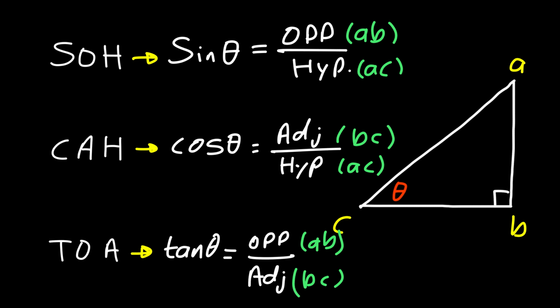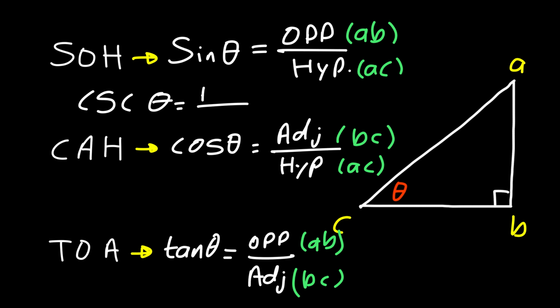Now, knowing these formulas, we can find the reciprocal of each one of them. The reciprocal of sine is cosecant. For sine, we have opposite divided by hypotenuse, so for cosecant theta, we will have hypotenuse divided by opposite.